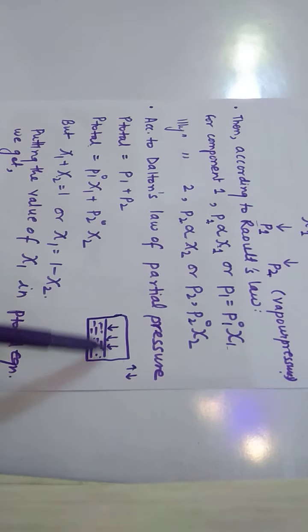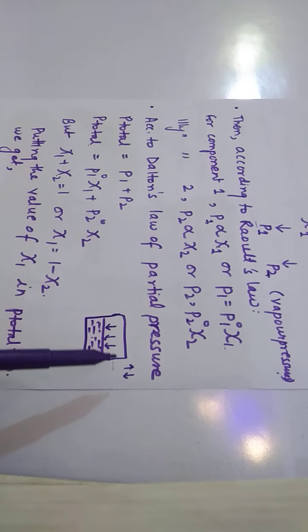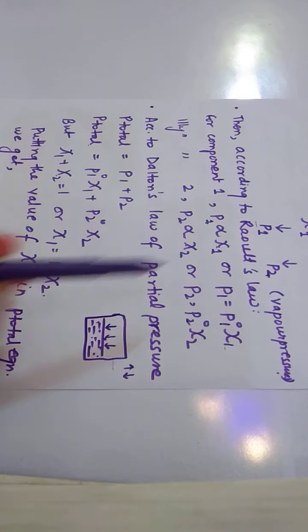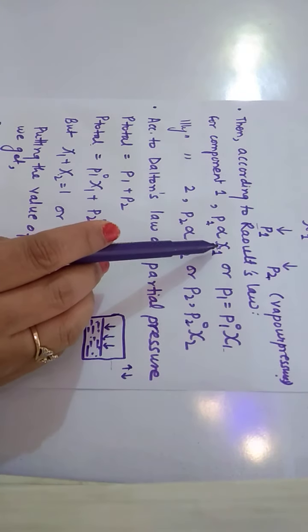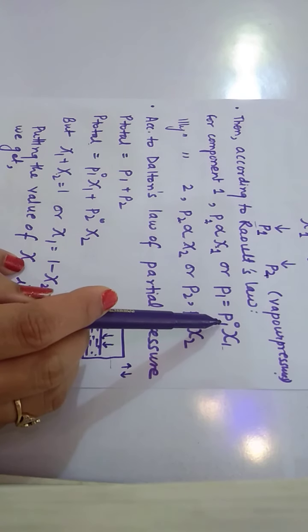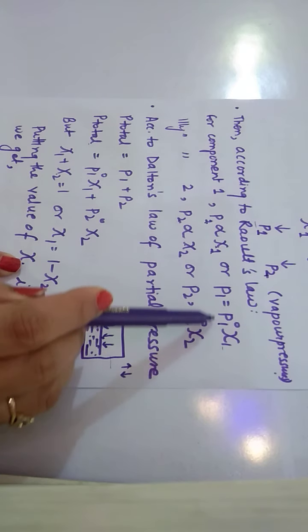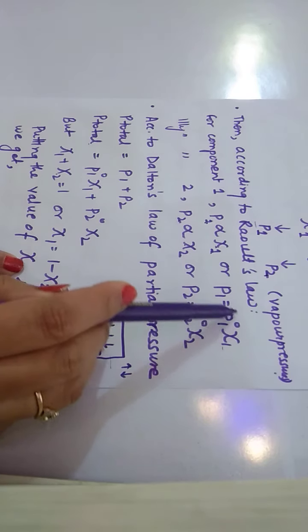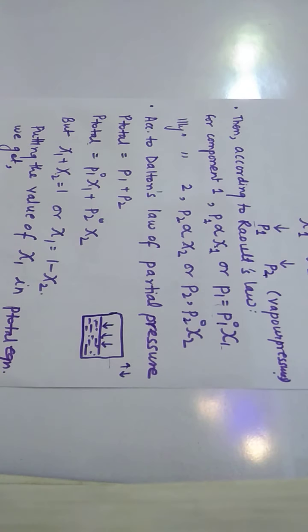The total vapor pressure over the solution may increase or decrease with the increase in the mole fraction of component 1, as it depends upon the vapor pressure of pure component 1.